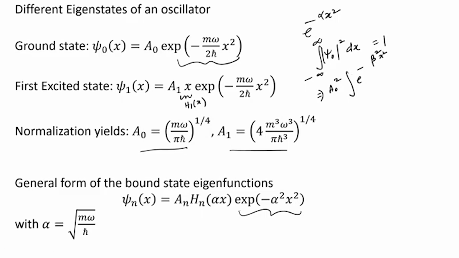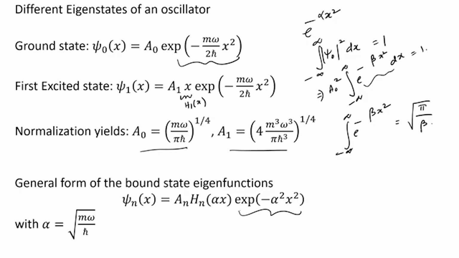So, beta is something that can be written in terms of alpha, and this is nothing but a Gaussian integral. The integral of exponential minus beta x square from minus infinity to plus infinity has a standard value, which is equal to root over pi by beta. Then put it here and make that equal to 1, and you can get a0, which is obtained as m omega by pi h cross whole to the power 1/4.